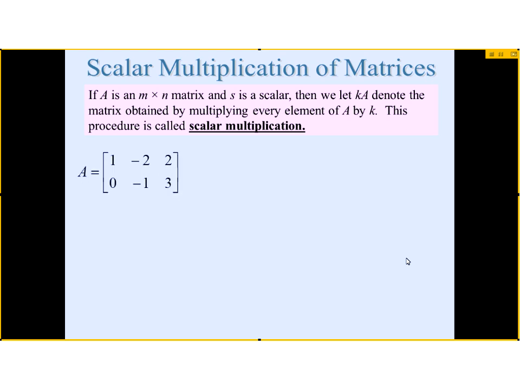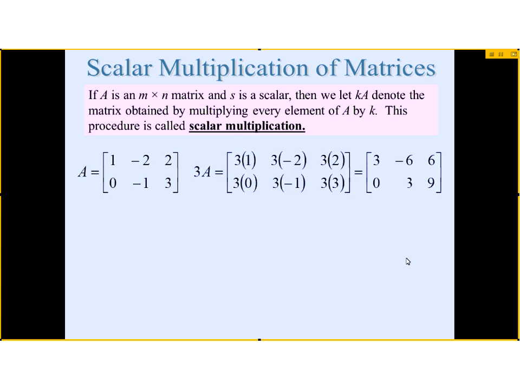So let us assume that we have a matrix A, A equal to 1, minus 2, 2, 0, minus 1, 3. We have some scalar 3, and we are going to multiply 3 with the matrix A. So we have to multiply each and every element by 3: 3 into 1, 3 into minus 2, 3 into 2, 3 into 0.